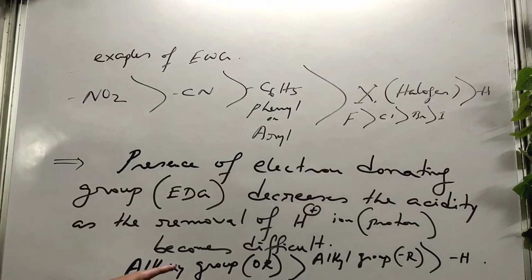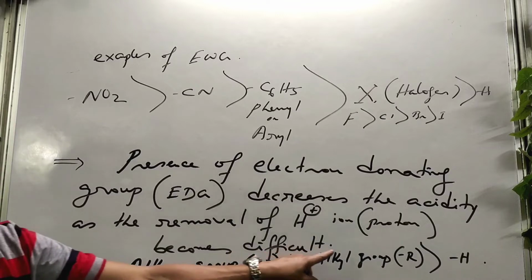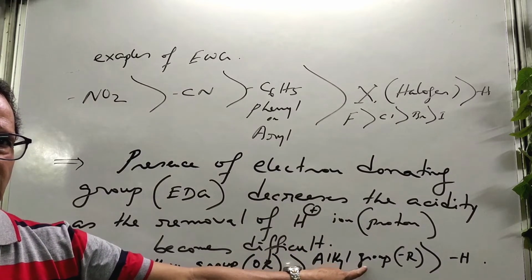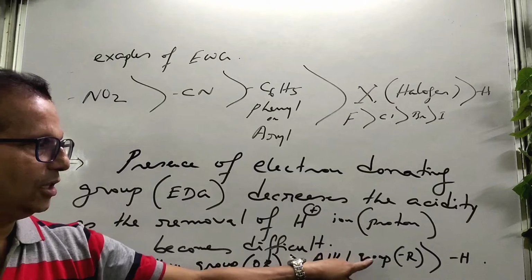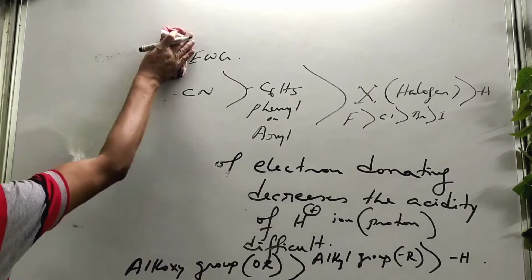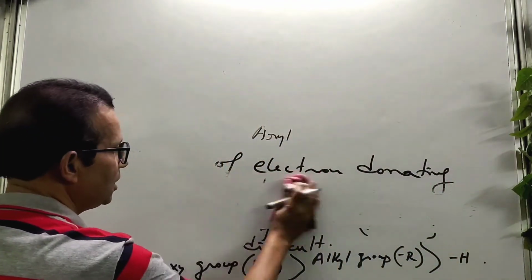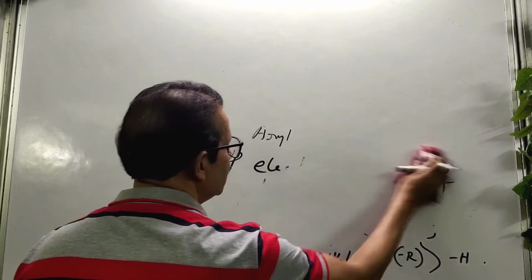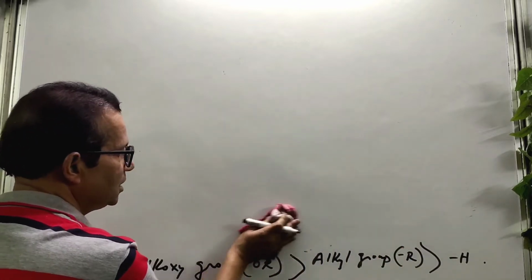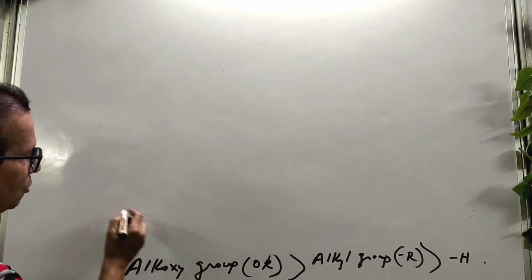Alkoxy group: methoxy, ethoxy, propoxy called alkoxy group; methyl, ethyl, propyl called alkyl groups. I think you know because I have already discussed this in my previous classes, that is basicity of amine. Still write down alkoxy groups.